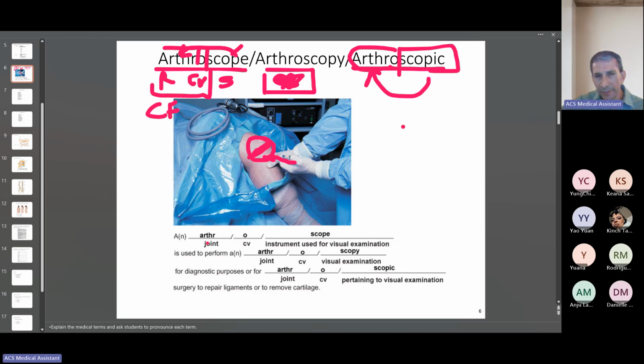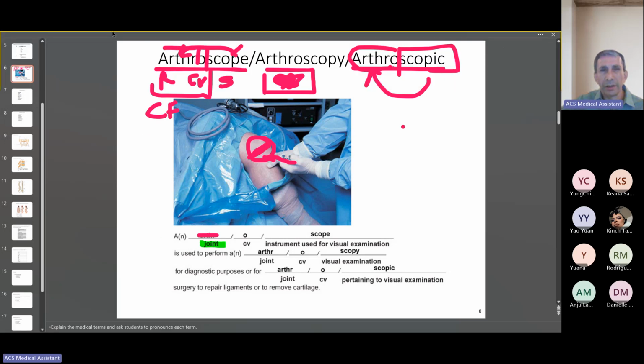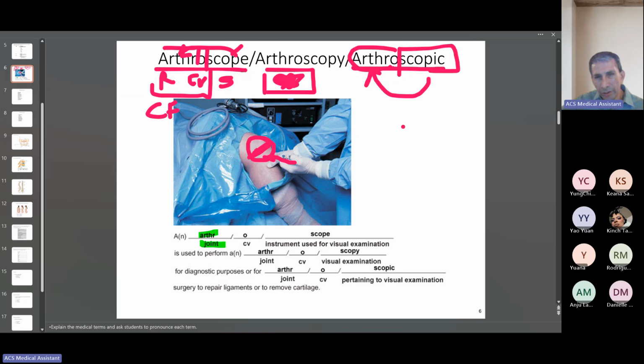Now it is here. We said arthr, oops. I crossed it out instead of, I thought it was a highlighter. Let's see. Oh yeah, this is a highlighter. So right here, arthr, which is the joint or the articulation, o the combining vowel, scope, which is the instrument.